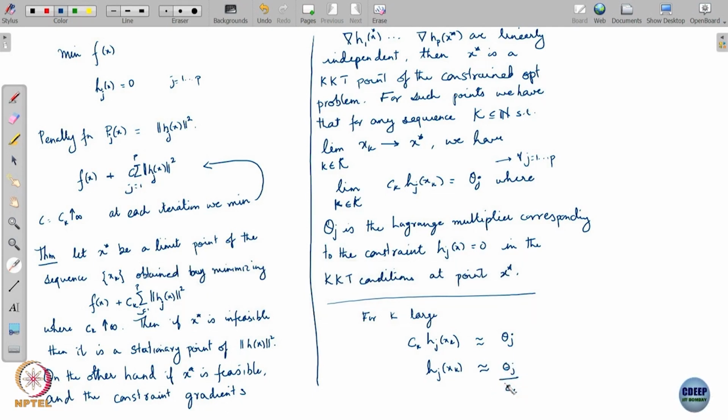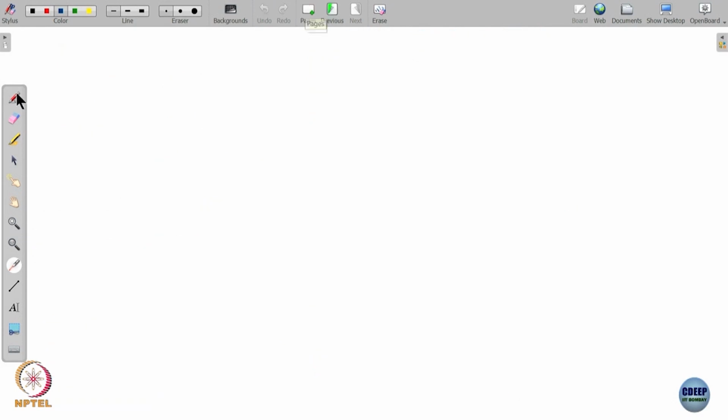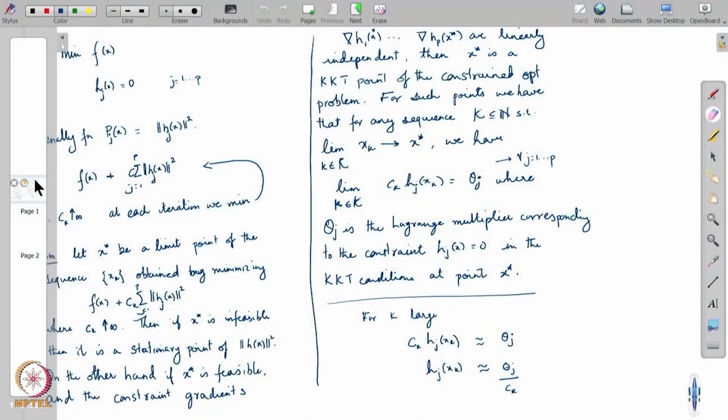Now, there are two ways of remedying this, and I will talk about one particular approach first, and then we will go to another approach. One approach is to change the penalty function itself. The reason this is happening is because your penalty function right now is actually quite smooth. The quadratic penalty function tends to increase gradually towards infinity.